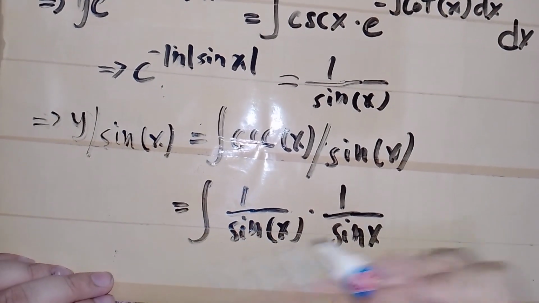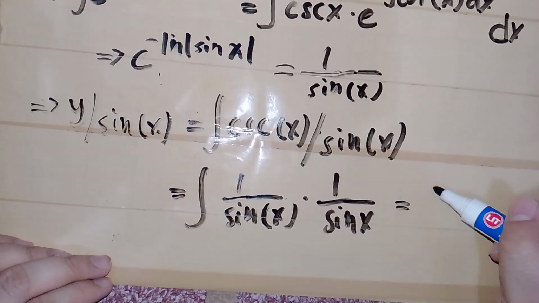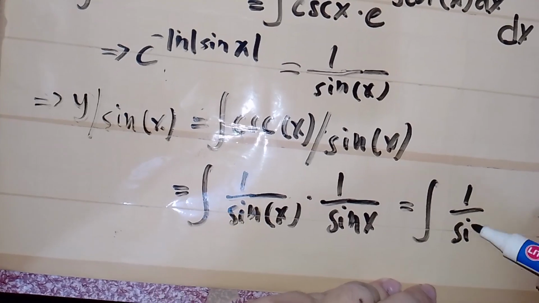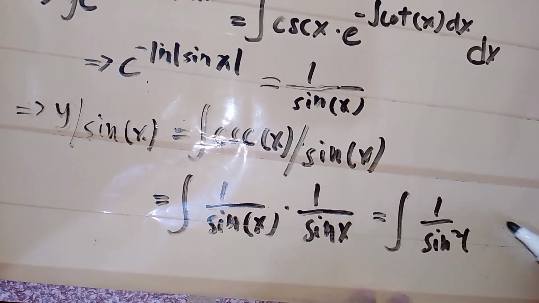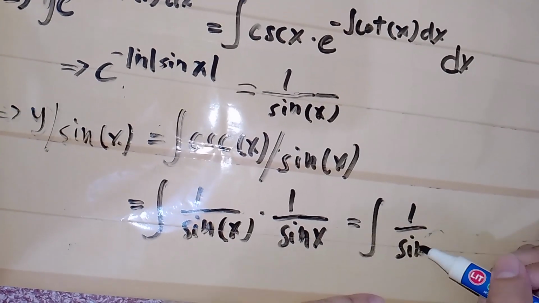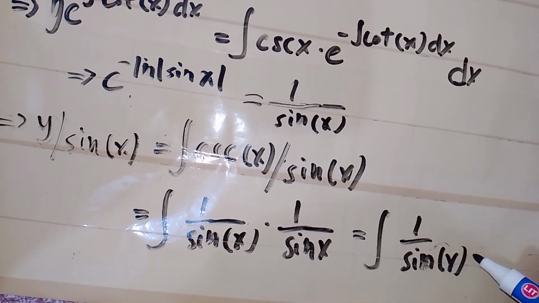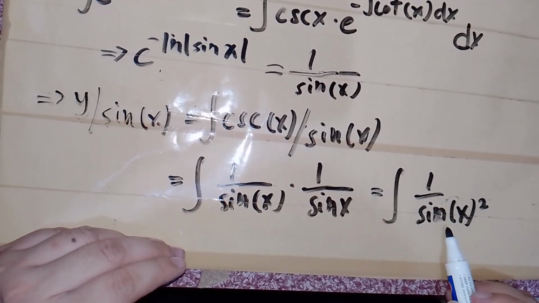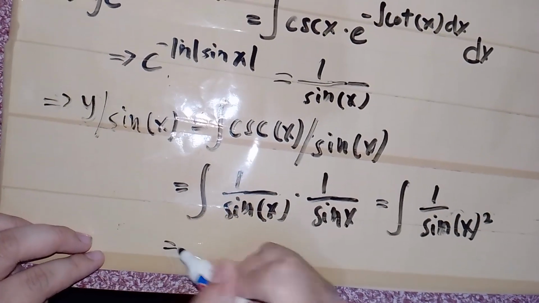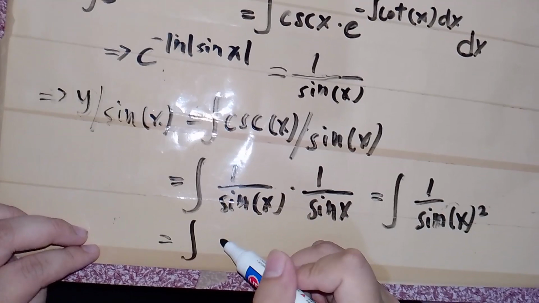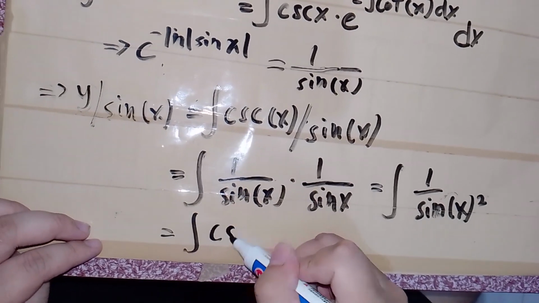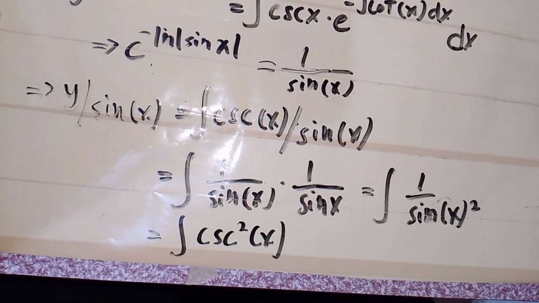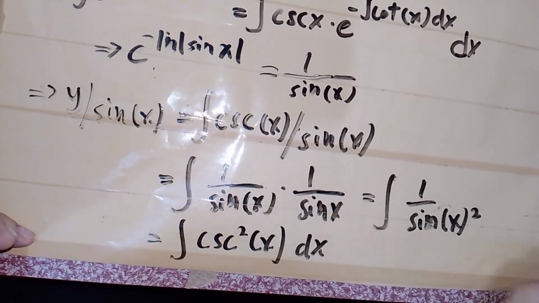we can have the integral of 1 over sine squared x. So this value can be converted into the integral of cosecant squared x, just like that, dx.